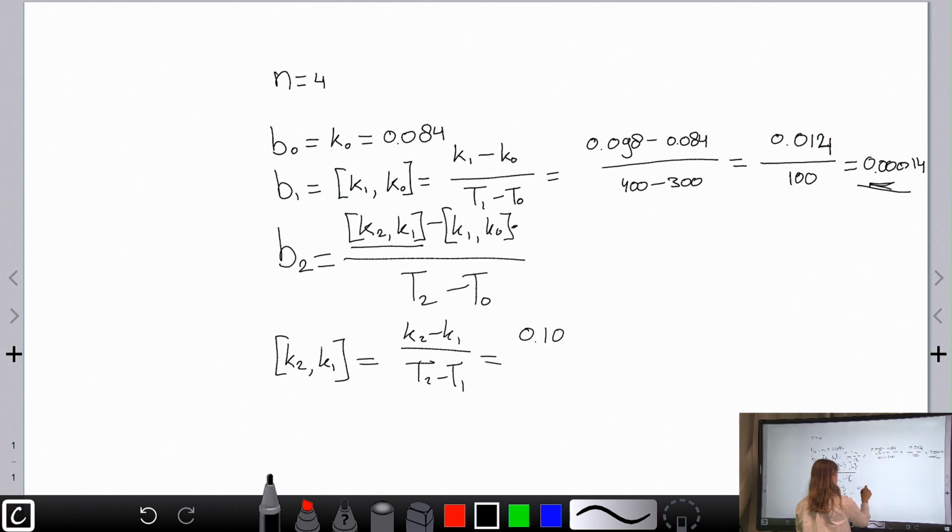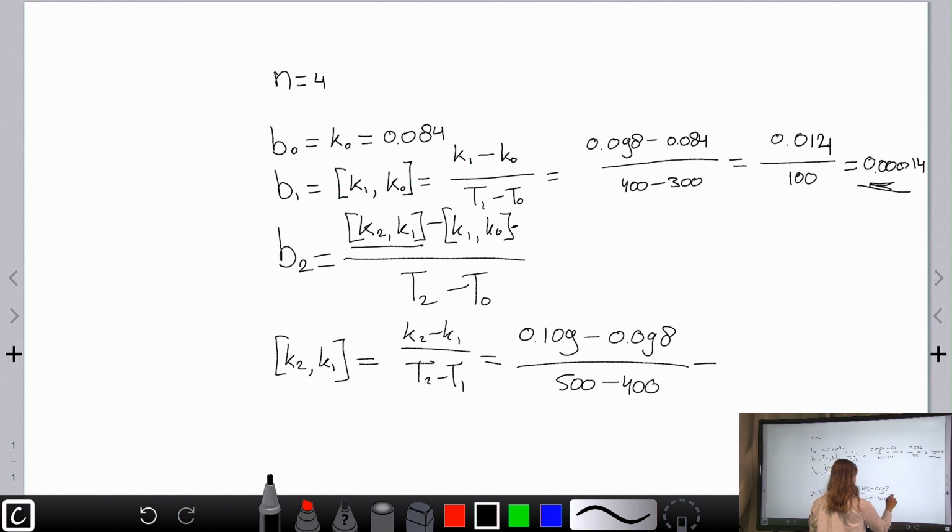So K2 is the thermal conductivity at 500 Kelvin, and this is again 0.098, divided by 500 minus 400. This is going to be 0.011 over 100, and then we have this.